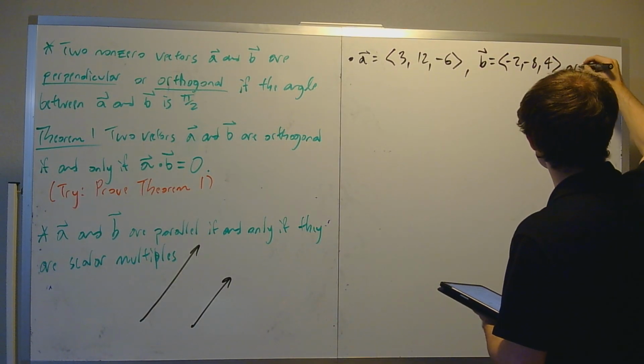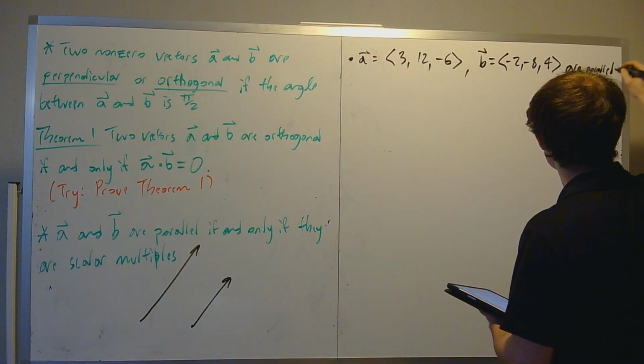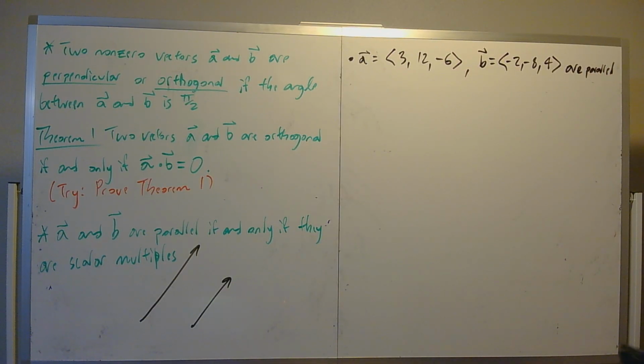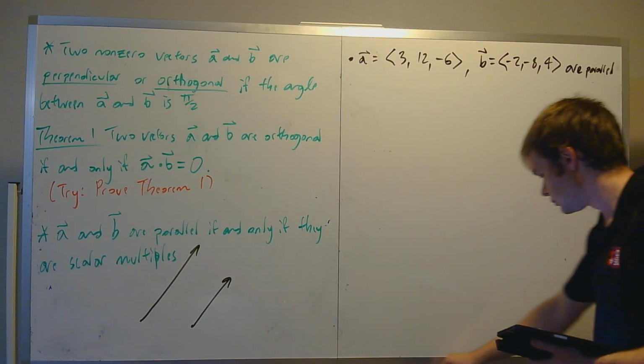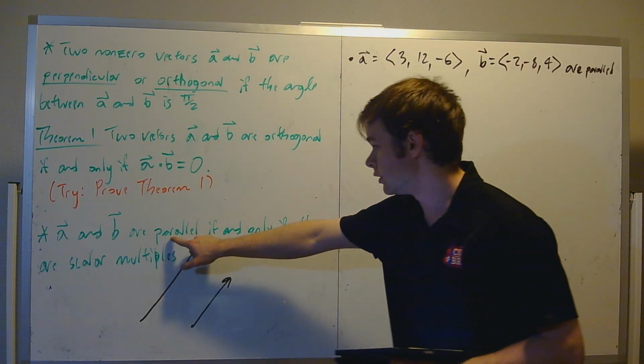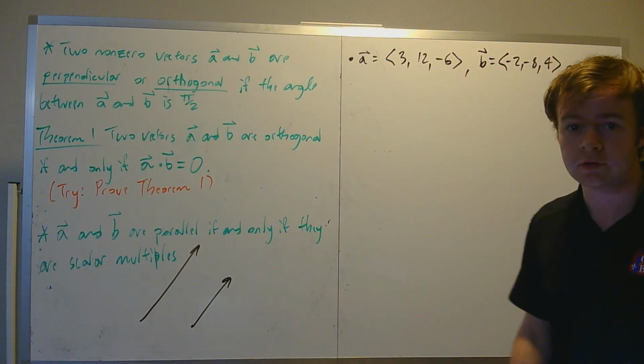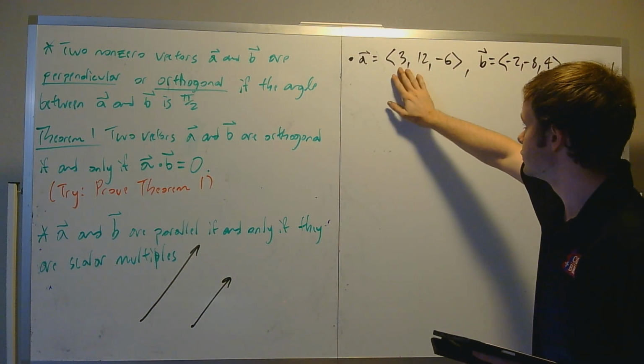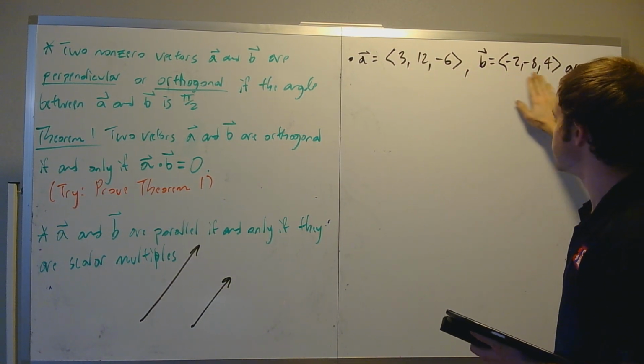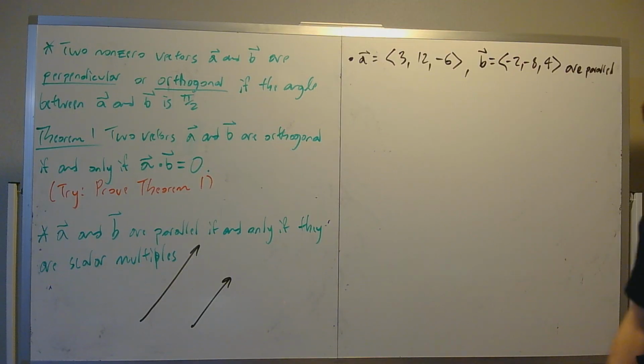And we want to show that they are parallel. So we're trying to show that these two vectors are parallel, and now we may ask, how do we do that? We said they're parallel means the same thing as if they're scalar multiples of each other. So if I can multiply one vector by a number to get the other vector, then they're parallel.